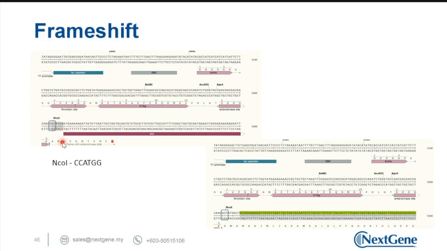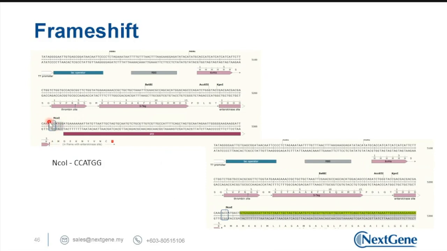The problem of choosing NcoI is that the codon is not in continuation with our gene, because our gene starts with ATG, then AAA, AAA. We want the ATG to be coding for methionine. However, in the NcoI CCATGG, CCA is not coding for an amino acid.